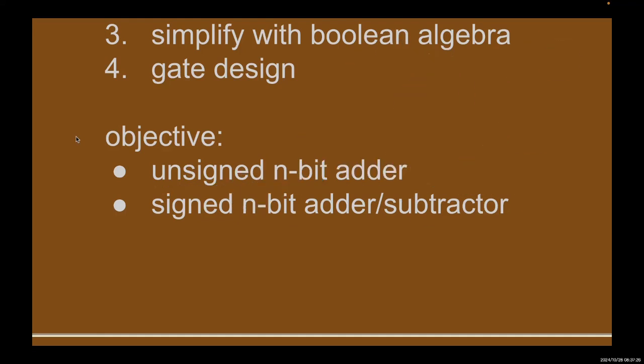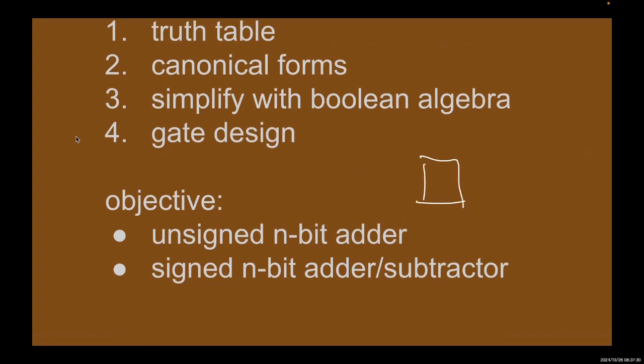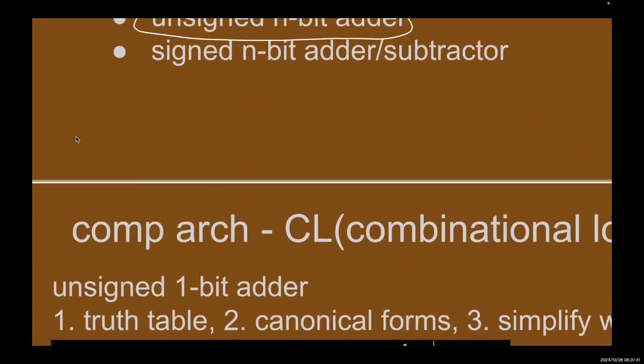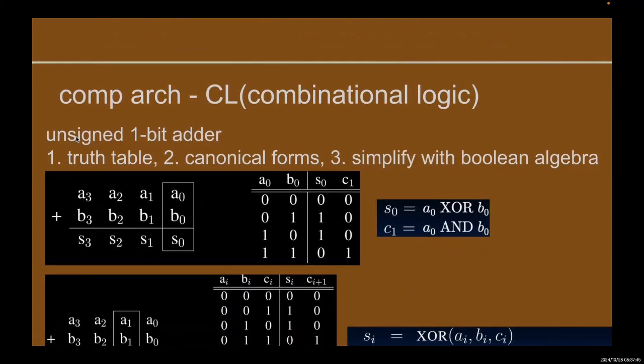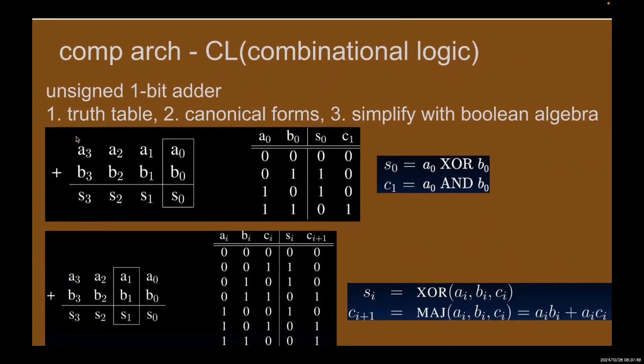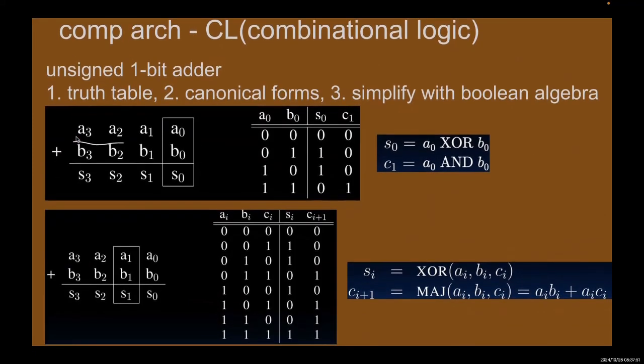Okay, so we want to build a combinational logic to be able to add two n-bit numbers. We start with this. Actually this is 4-bit here.